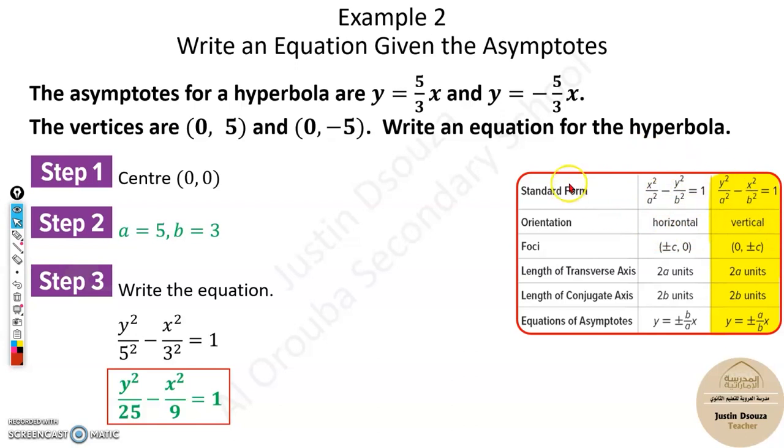Vertical, this is the formula. Anything can be asked, so be thorough with both of these. If it is horizontal, this is the figure, it's horizontally written. Vertical is like this. And they will give you information in the question to easily understand whether it's vertical or horizontal.